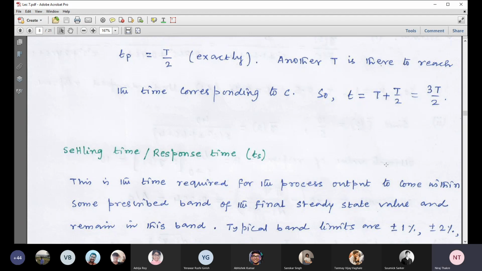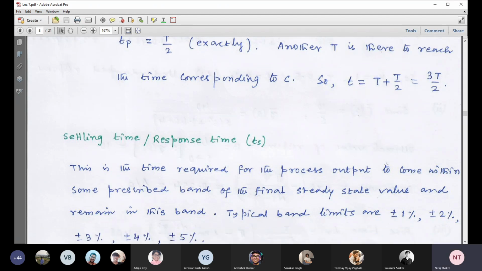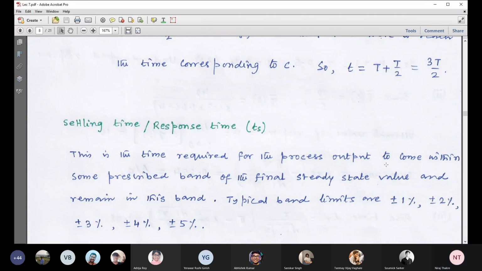As I mentioned, it should be within a certain prescribed band, also called a gap. You may consider plus minus 1, 2, 3, 4, even 5%. So for the same response, you will have different response times depending on this prescribed band.